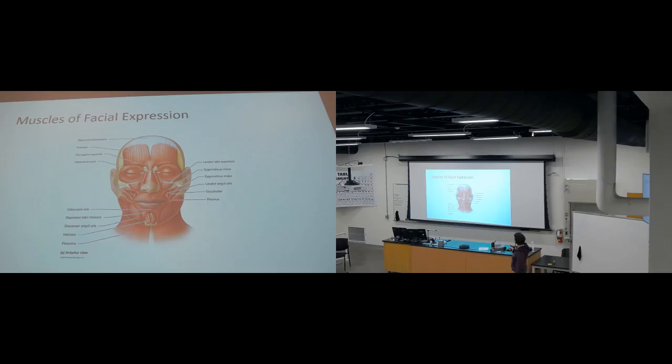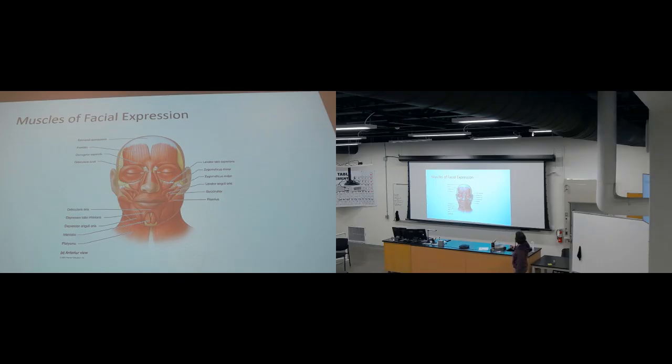They didn't tell something about the nasalis muscles, but the nasalis muscles help us widen the opening of our nares, of our nose, so that we can bring in more air. And then this is the orbicularis oculi, the one that helps us to close our eyes.